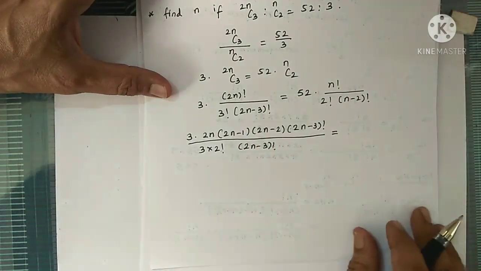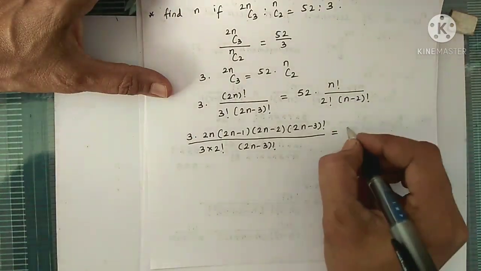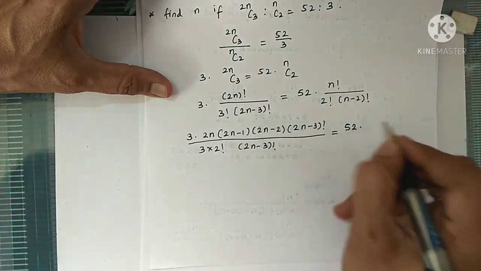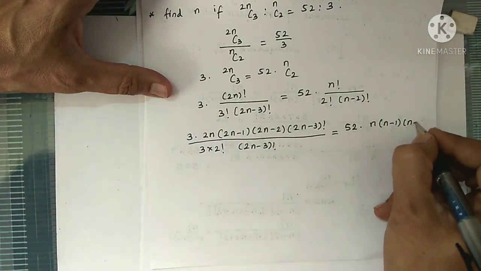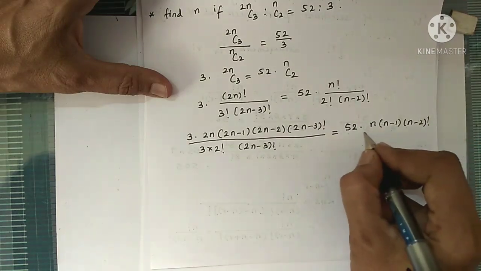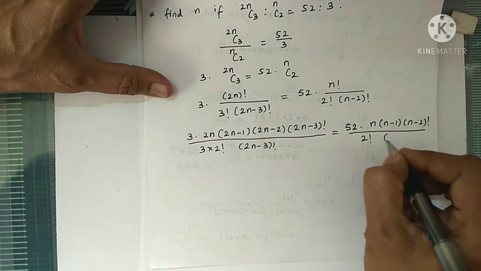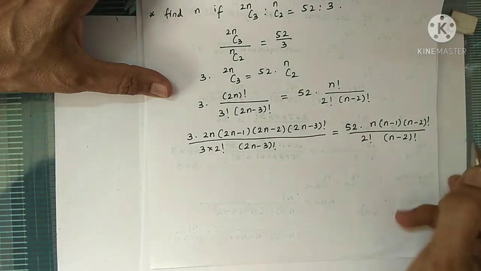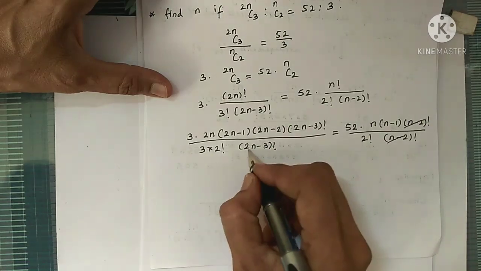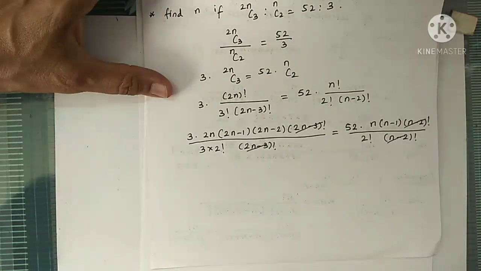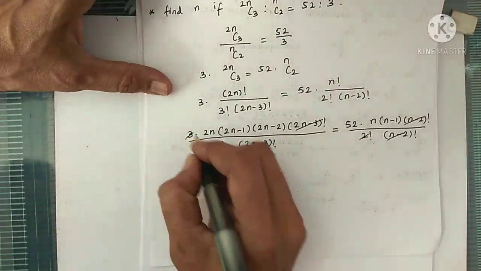Now here, this n factorial, we can write as n into n minus 1 and then n minus 2 factorial. So 52 multiplied by n, n minus 1, n minus 2 factorial, 2 factorial as it is, n minus 2 factorial. So this n minus 2 factorial gets cancelled, 2n minus 3 factorial gets cancelled, and 2 factorial also. Now 3 also gets cancelled.